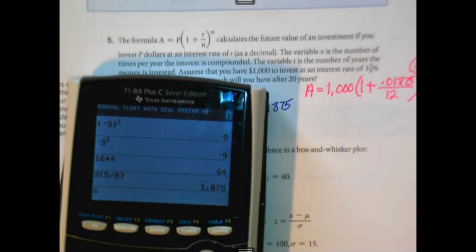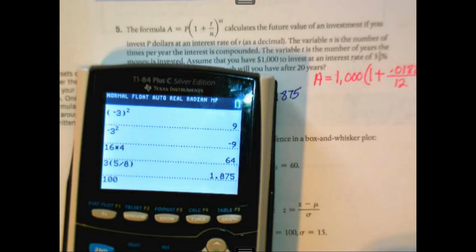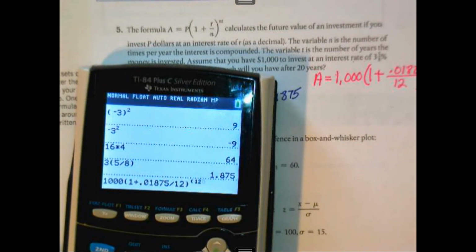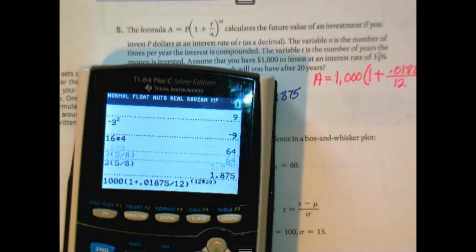Okay, so I have 1,000, parentheses, 1 plus 0.01875 divided by 12, raised to the parentheses, 12 times 20, parentheses, and hit enter.